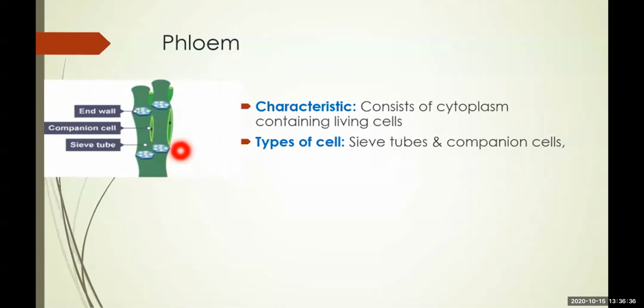So it has a mesh-like structure as you can see in this picture, and a companion cell. This is a companion cell. As these sieve tube cells do not have a nucleus, the companion cell is the friend of the sieve tube cell. It helps the sieve tube cell to carry out the function because it contains the nucleus and cytoplasm.